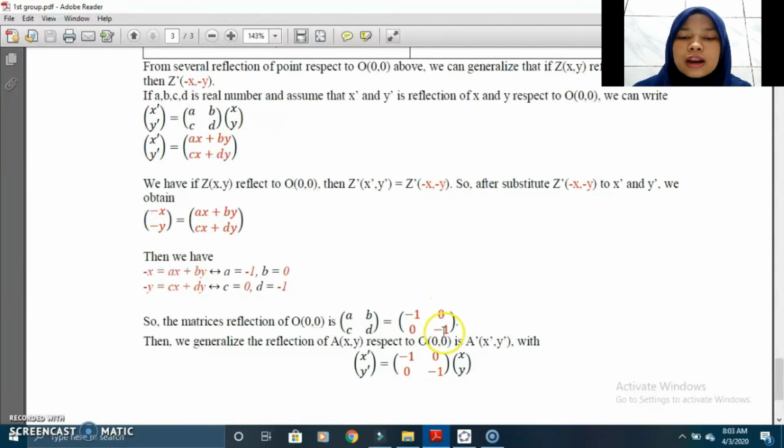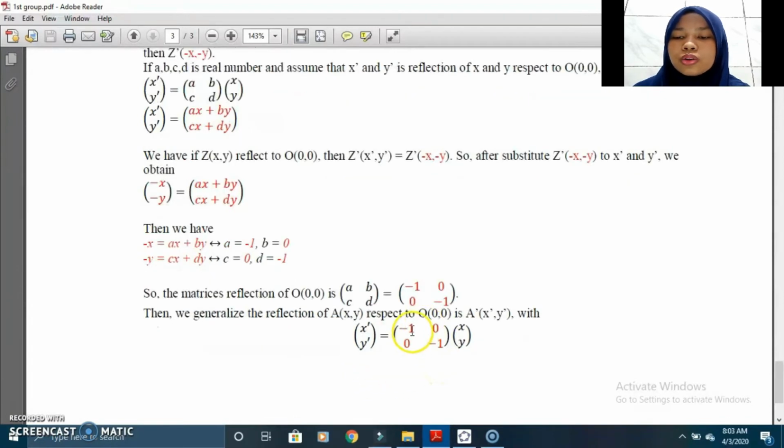Then we generalize: the reflection of A with point x, y with respect to O with coordinates 0, 0 is A' with coordinates x' and y', which is the multiplication of matrix minus 1, 0, 0, minus 1 and matrix x, y.